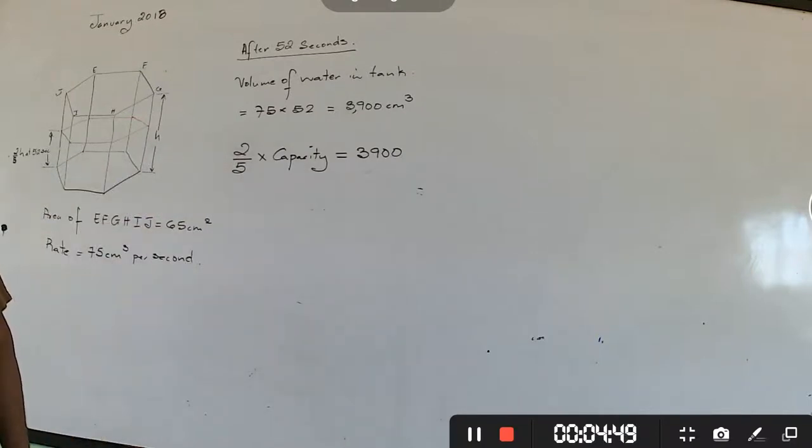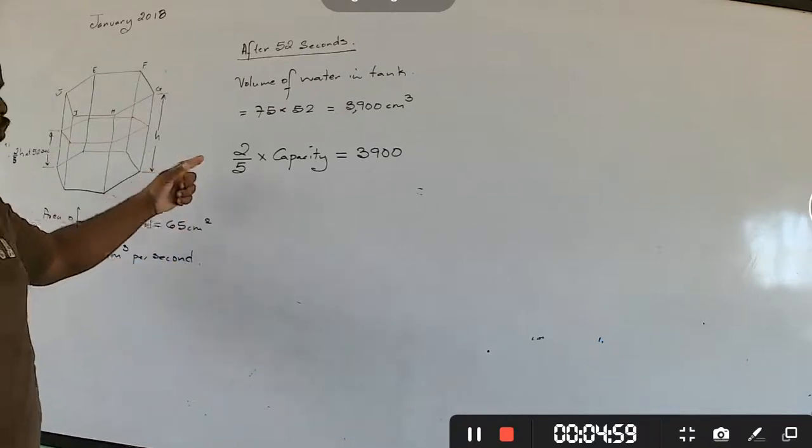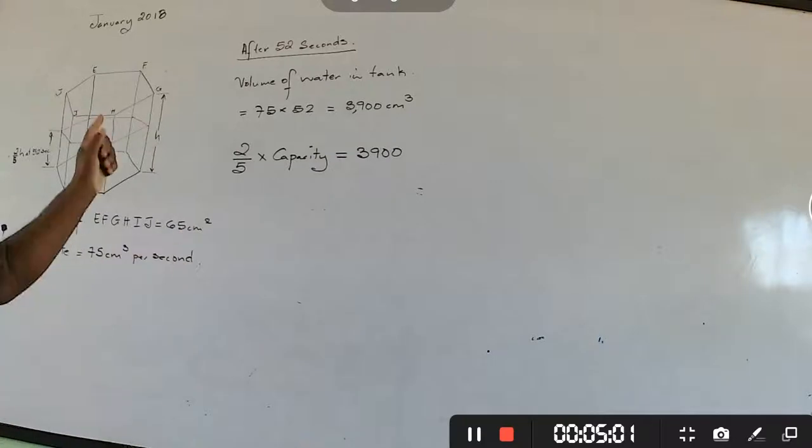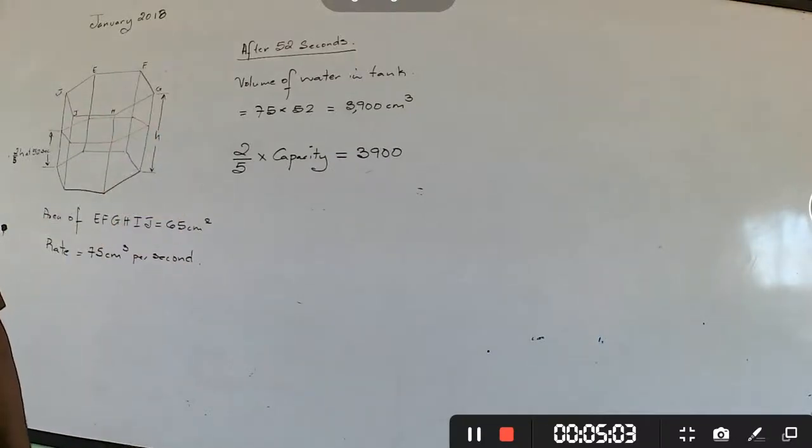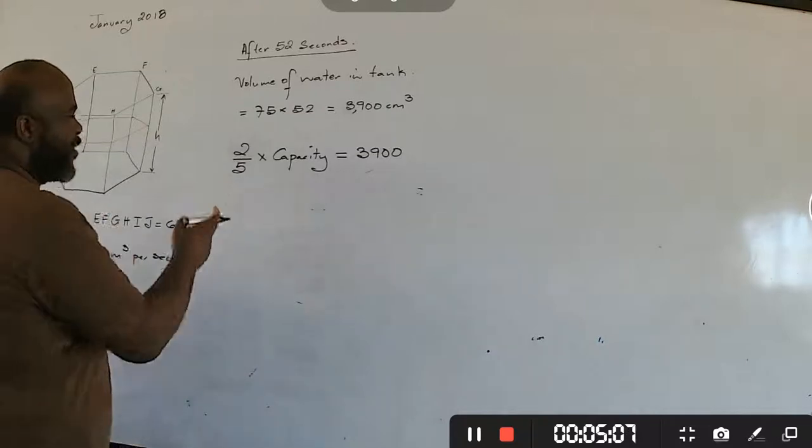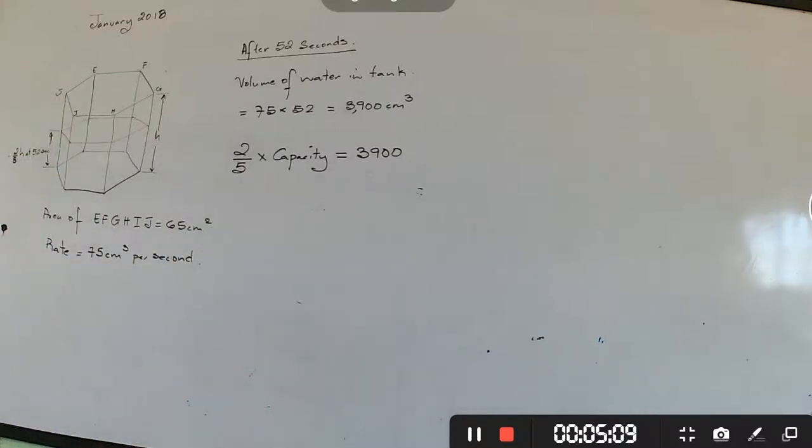I can divide both sides by 2/5. If you have 3a, how do you get rid of the 3? Divide by 3. If you have 2/5 of the tank's capacity, how do you get rid of 2/5? Same way. Alright, so dividing by 2/5 is the same as multiplying by 5/2.